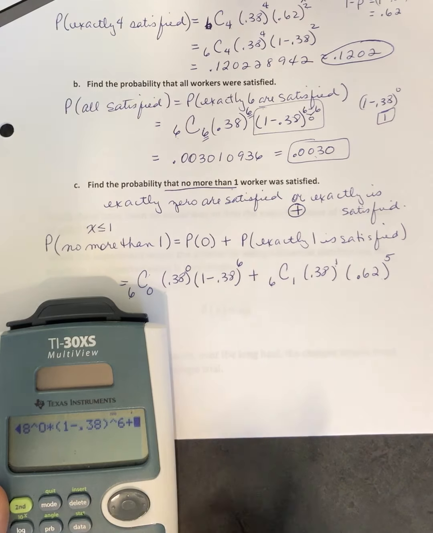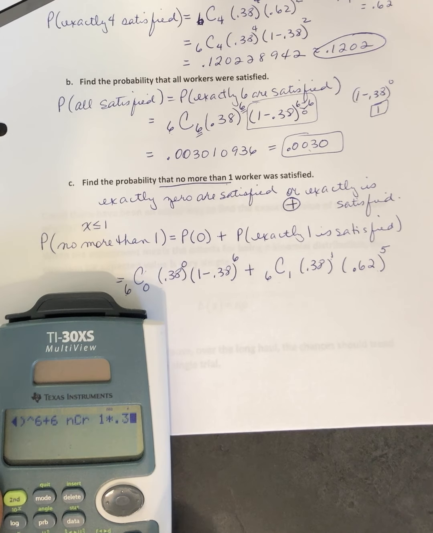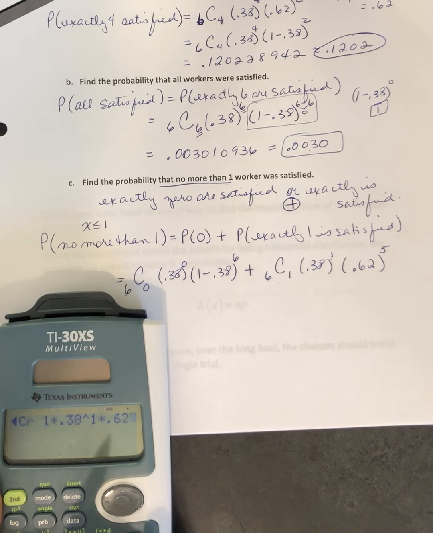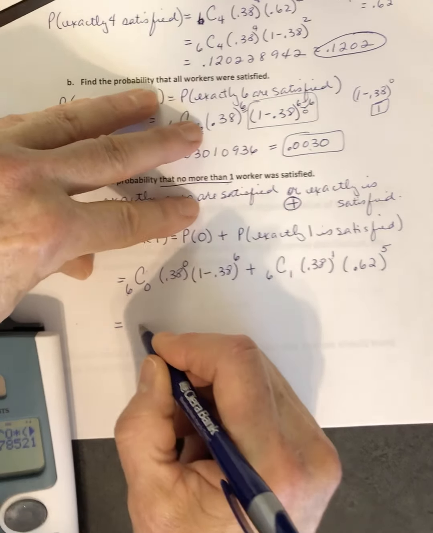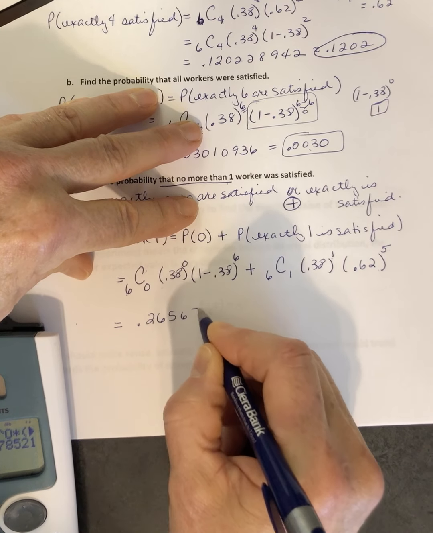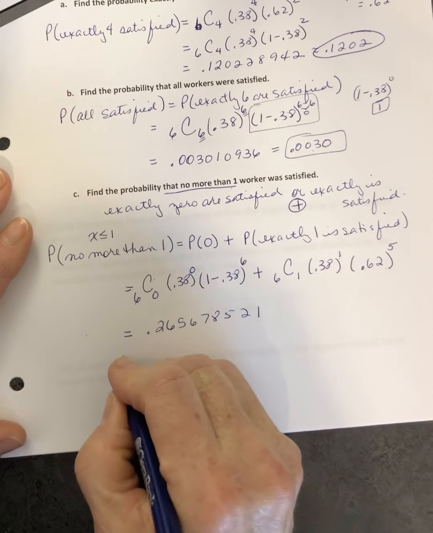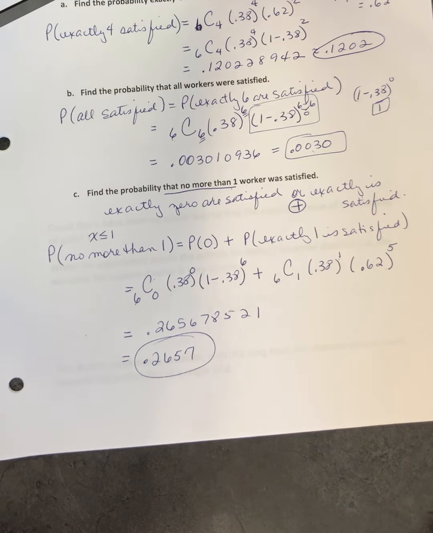Plus, now I'm going to grab this one. 6 choose 1, times 0.38 raised to the 1st power, or just 0.38, and then times 0.62 raised to the 5th. So yes, you're allowed to use all those algebra things you already know to simplify your entry in your calculator. Okay, so that's what I get. So that is about 0.2657 if we're going to round to 4 decimal places.